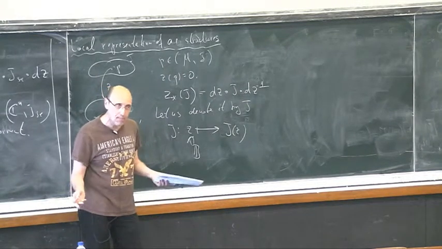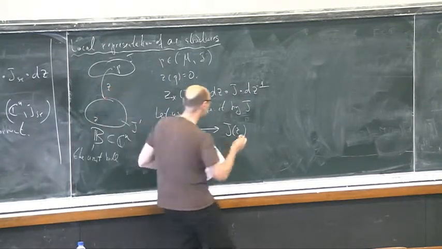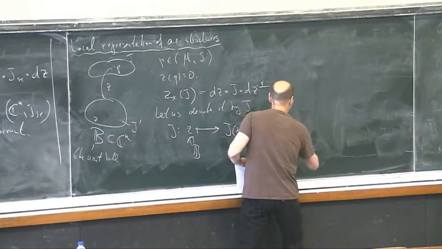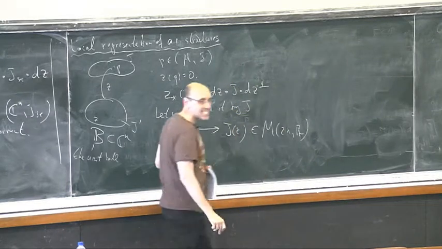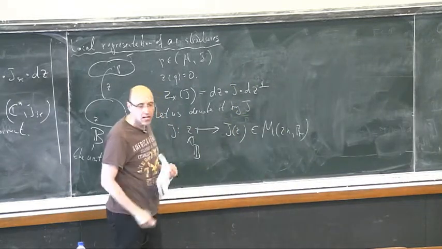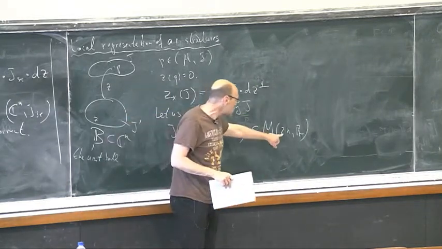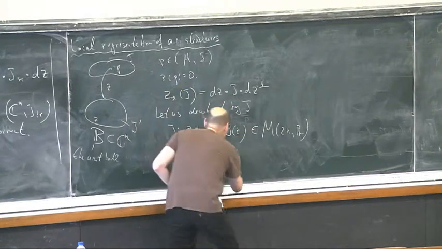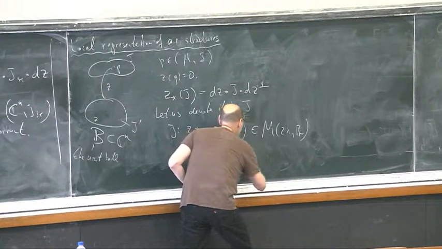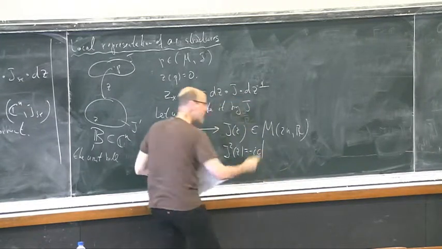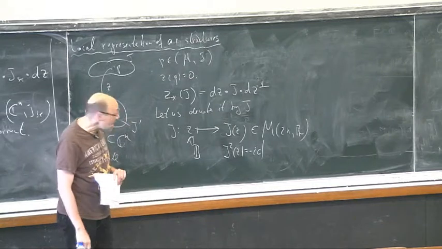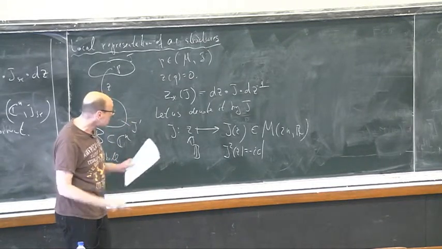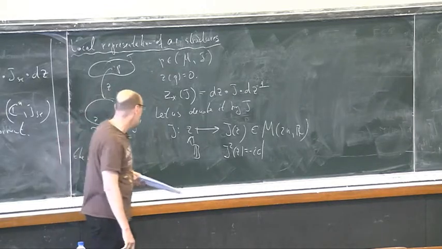So this is just a matrix, an element of M2n(R). The value is a real 2n times 2n matrix, satisfying the condition J squared equals negative identity matrix at every point Z. So this is exactly a local representation of an almost complex structure as a matrix-valued function.